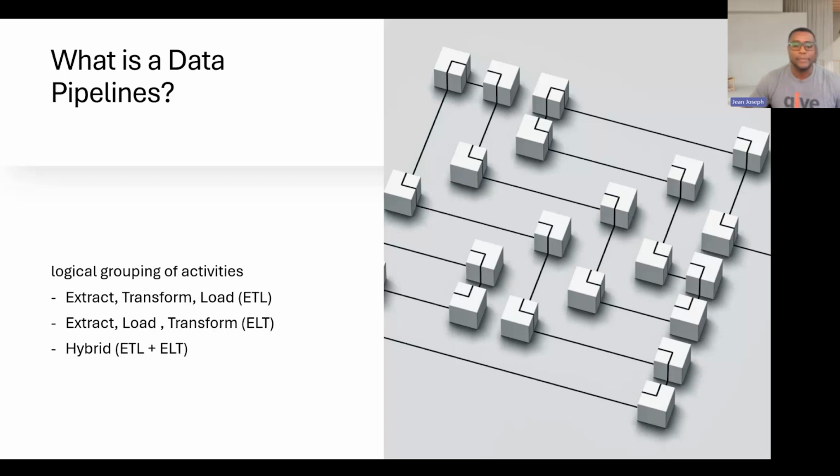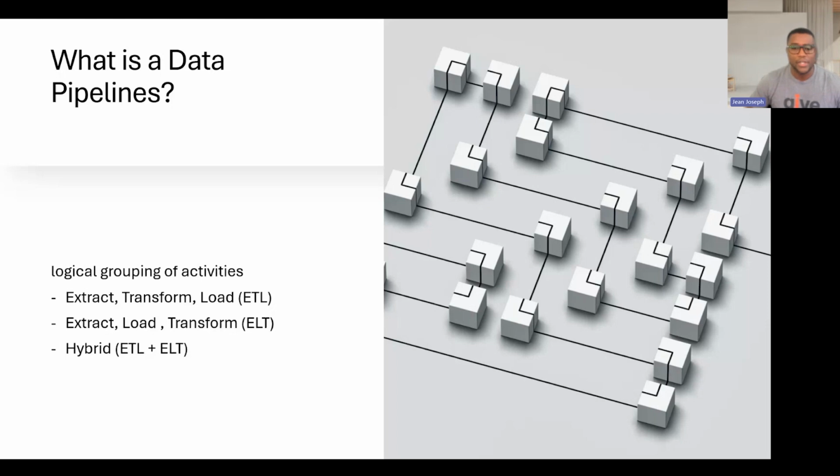A data pipeline is a series of automated processes that move and transform data from various sources, such as databases, APIs, or files, right, to a destination where it can be stored and analyzed. It involves data ingestion, where data is collected from the sources, followed by data transformation, where the data is cleaned, filtered, and formatted, right?